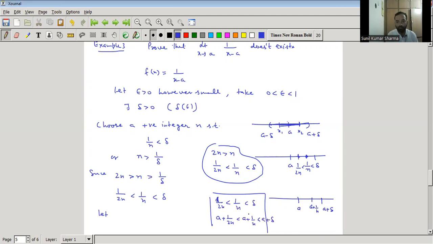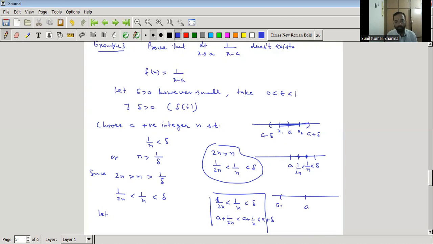So these numbers are less than a plus delta, and also greater than a minus delta. So these two numbers are in between a minus delta and a plus delta. I can draw another picture so that the concept may be clear.